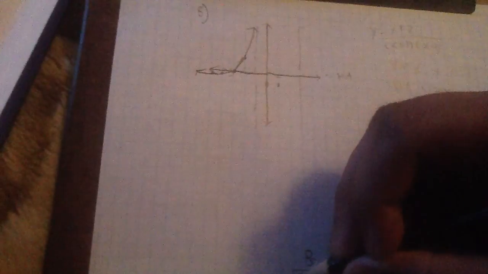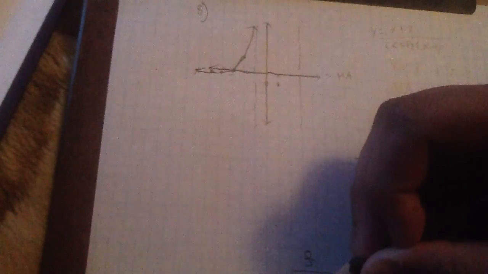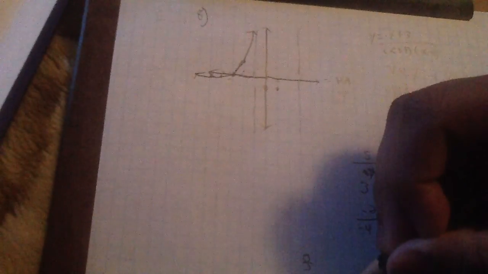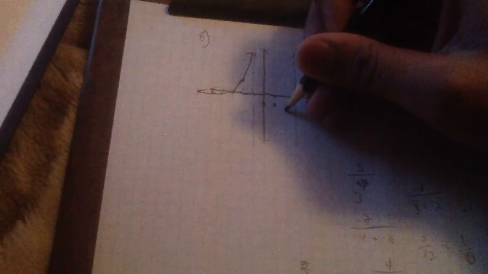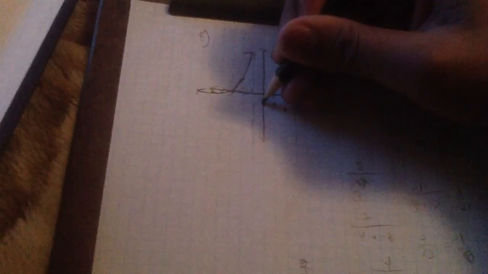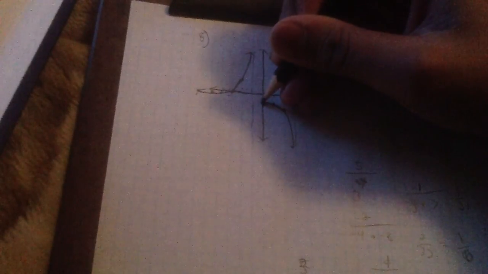Now I'm going to plug in 2 into the function. I'll get 5 over 3 times -1, and I'll get 5 over -3. And I'll be somewhere right there. So this graph is going to go this way and this way.